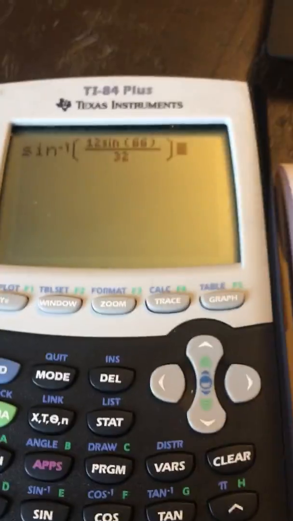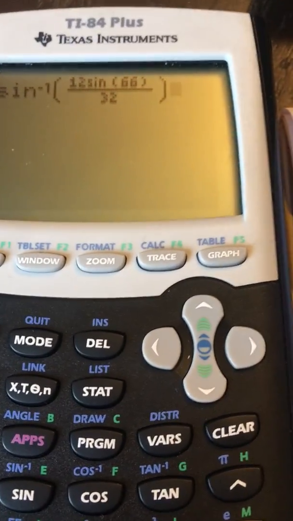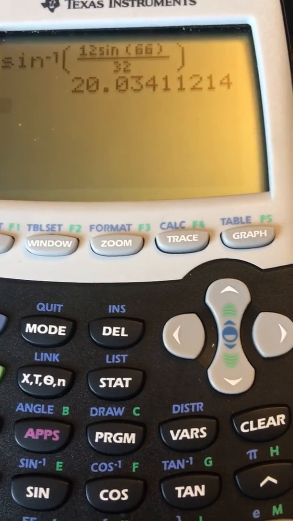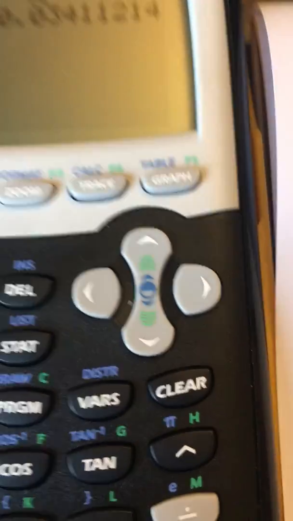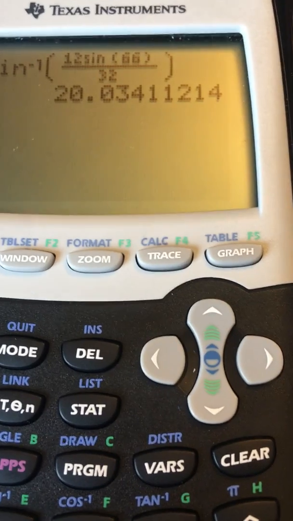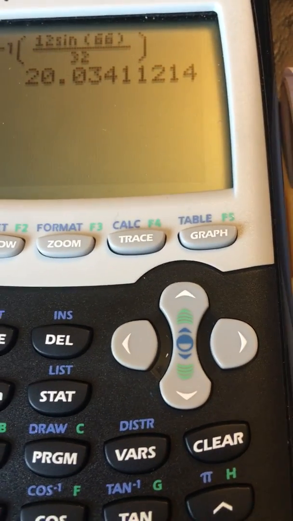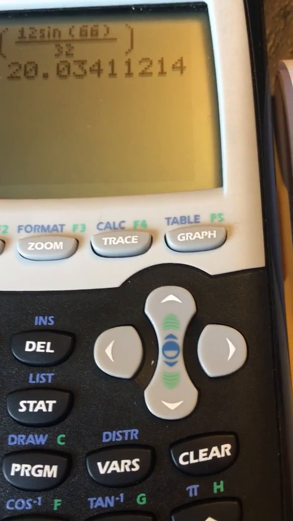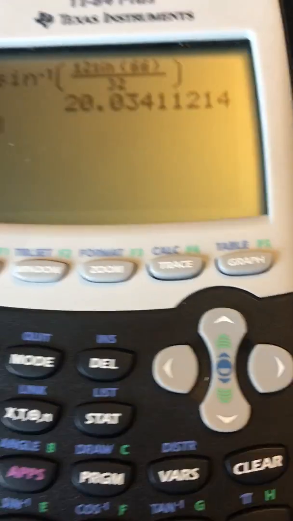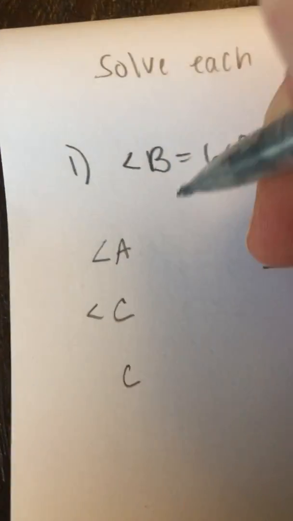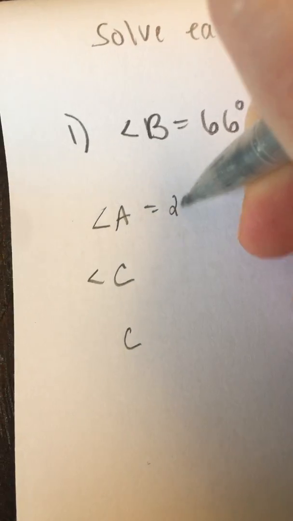Close my parenthesis, make sure I plugged in everything correctly, and hit enter to get the angle. It does say in the directions on your notes, if you look at just the blank notes, it says to round to the 100th, or to the 10th. So 20.0 is going to just be 20 degrees. So I now know angle A is 20 degrees.